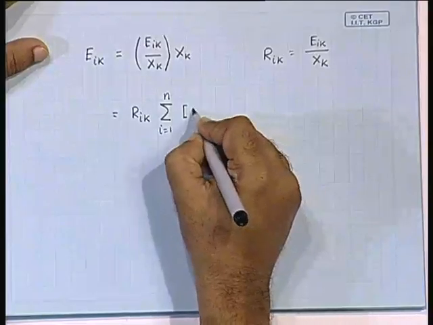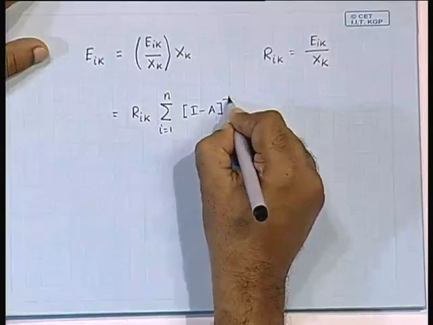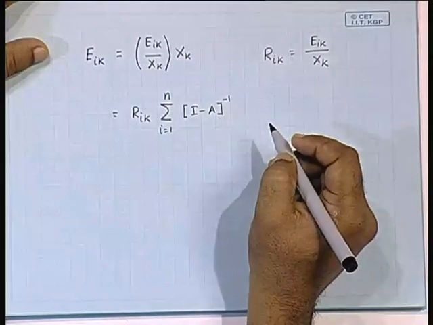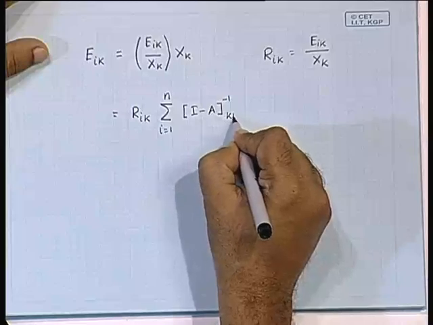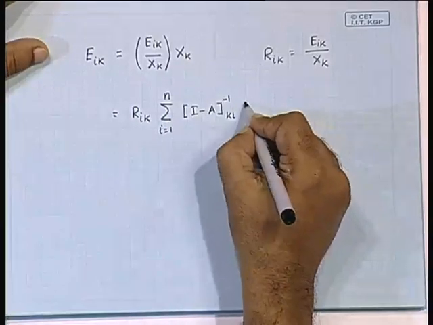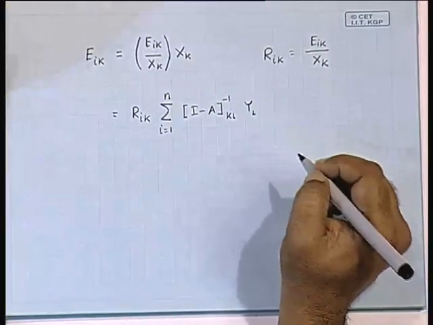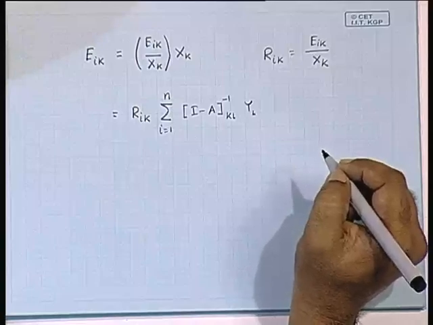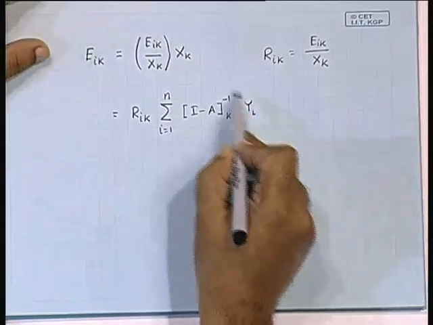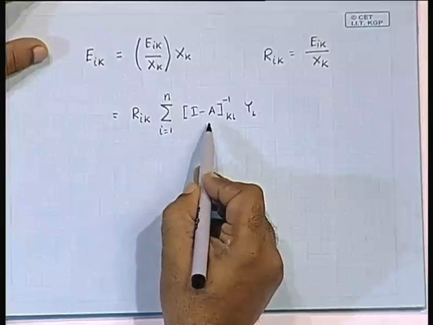So, the k term would be the KL element of (I minus A) inverse times the y_L element. So, we are extracting that information from (I minus A) inverse times y.